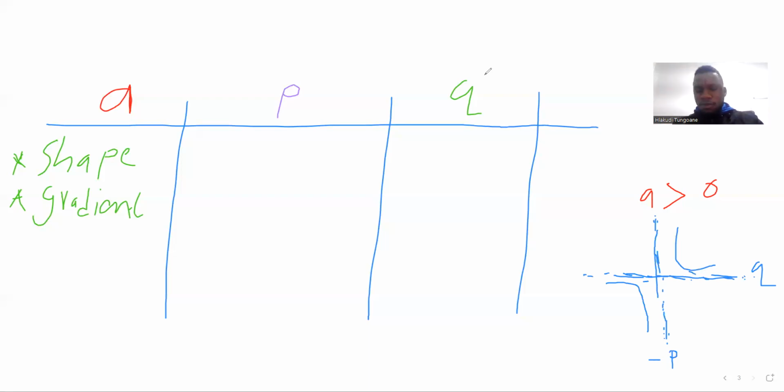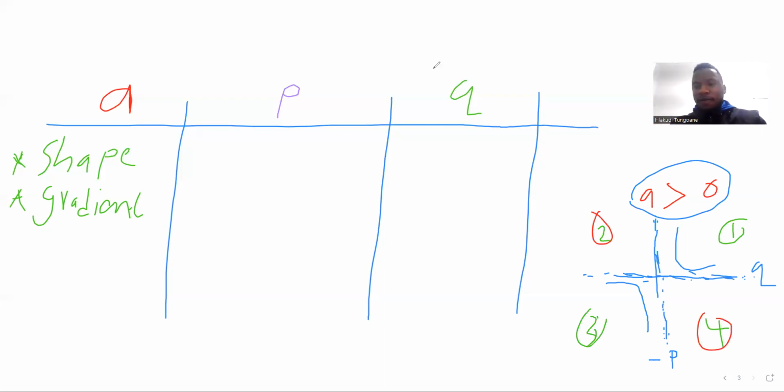So how A helps us: if we look at the sign of A, and we've already plotted our asymptotes, then A tells us whether our graph is going to sit between the first and third quadrants, or between the second and fourth.